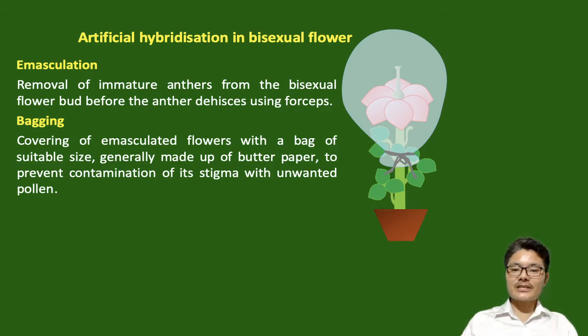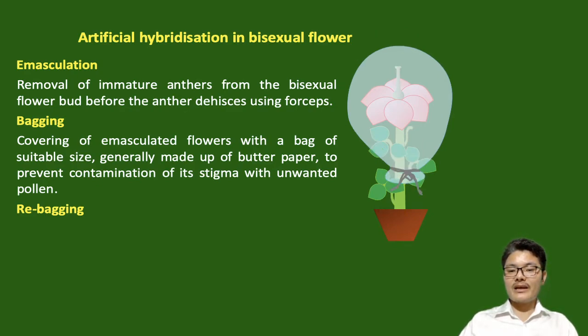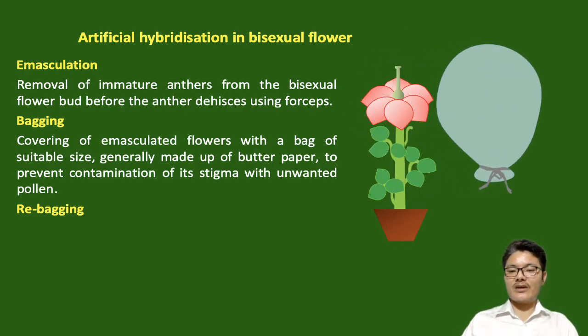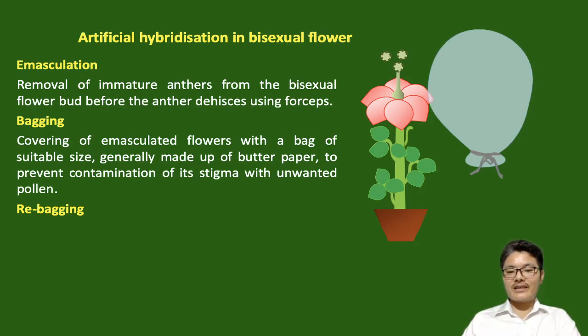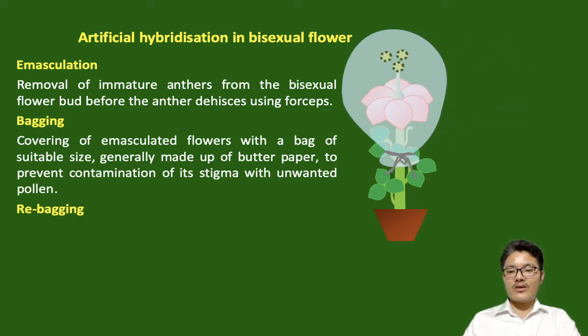Now this protected flower will later be dusted with the desired pollen grains having superior quality and superior genetic combination, and after dusting, it is again covered with butter paper.